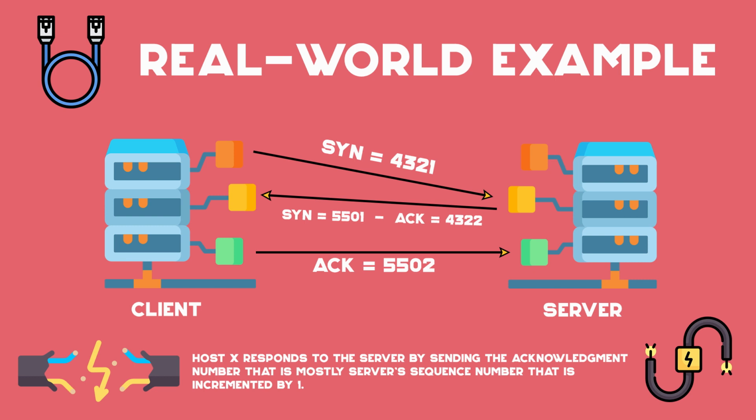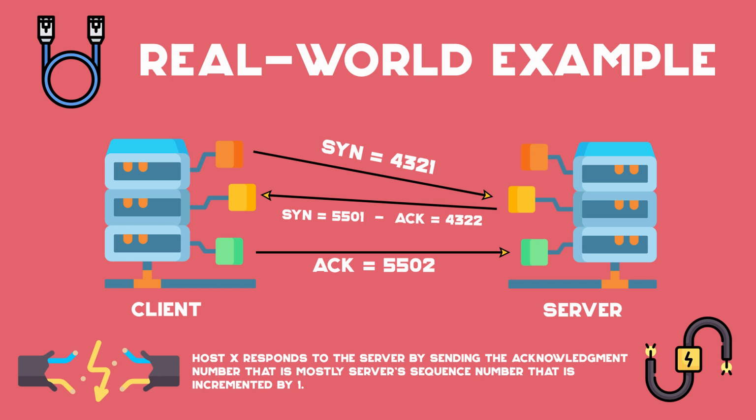So in the first step, the host sends 4321, as you can see on the diagram. Then the server responds with two things. One is the SYN, which would be 5501, just an example to help you understand. And the acknowledgement will be 4321 incremented by 1, which is 4322.